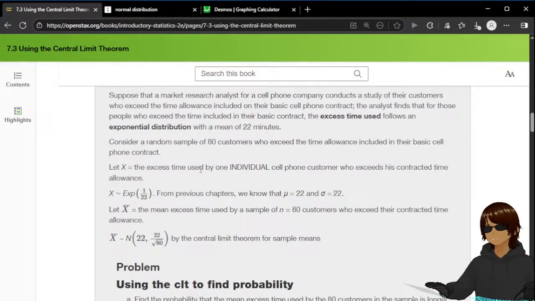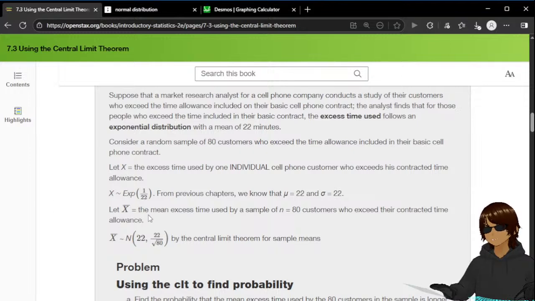Excess time used by one individual cell phone customer. X follows an exponential distribution. Mu is 22 and sigma is 22.